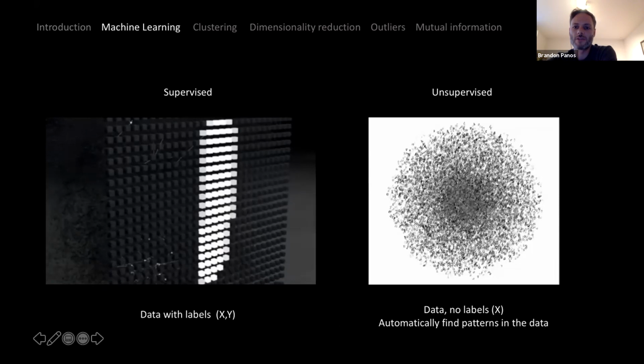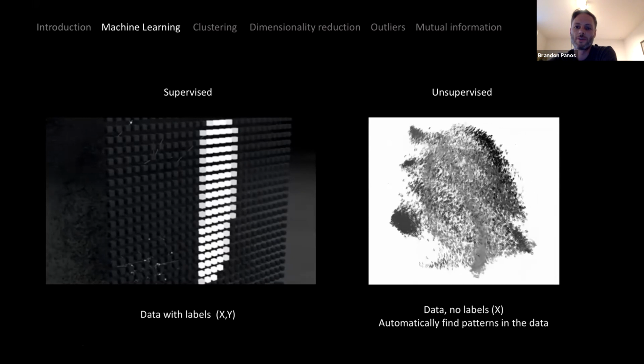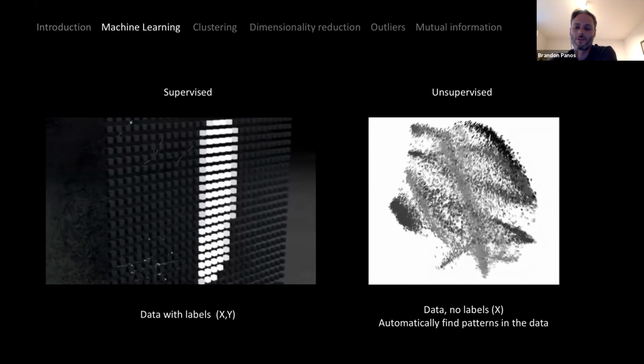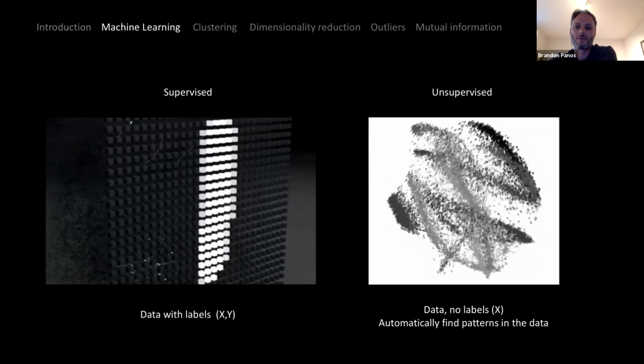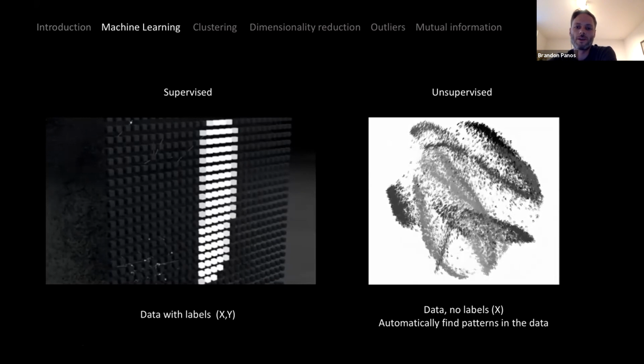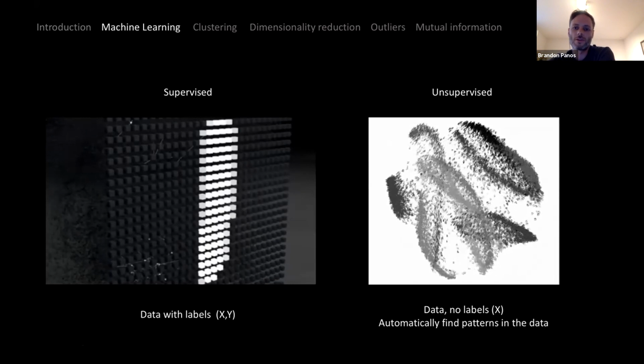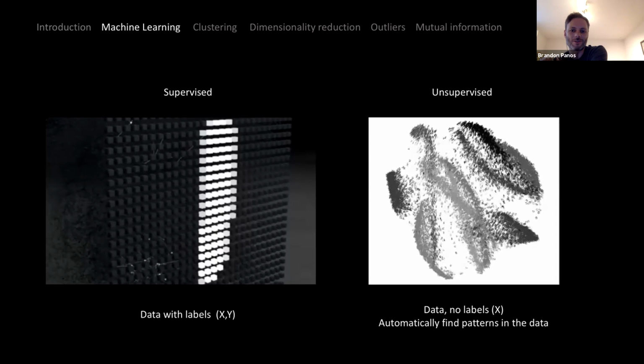And the algorithms over here automatically find structure within the data set with no instructions. And what you're seeing over here is an algorithm called t-SNE, and it's grouping all of the numbers into the respective categories automatically. So all the 2s together, all the 3s together, and so on.